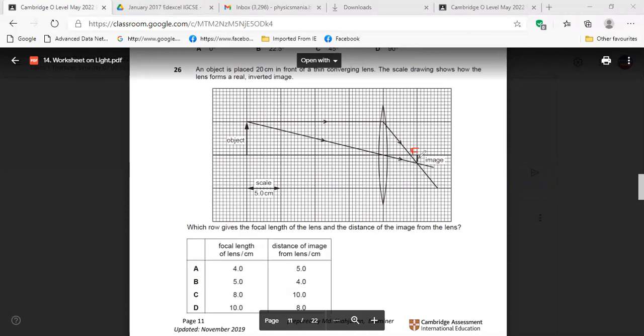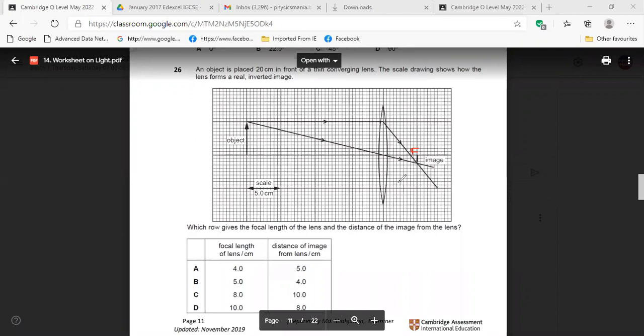If you count the small squares between F and the optical center, how many are there? There are 8 small squares, so 4 centimeters. Label it 4 centimeters. The focal length of the lens is 4 centimeters.